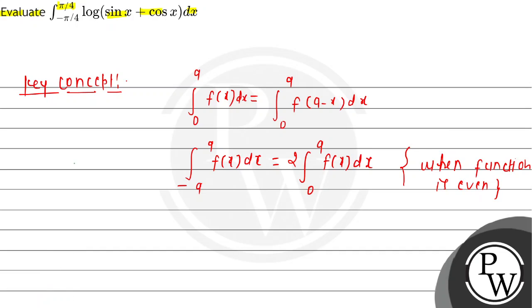So now we'll solve further. Let us assume I is equal to integration from minus pi by 4 to pi by 4 log of sin x plus cos x dx.